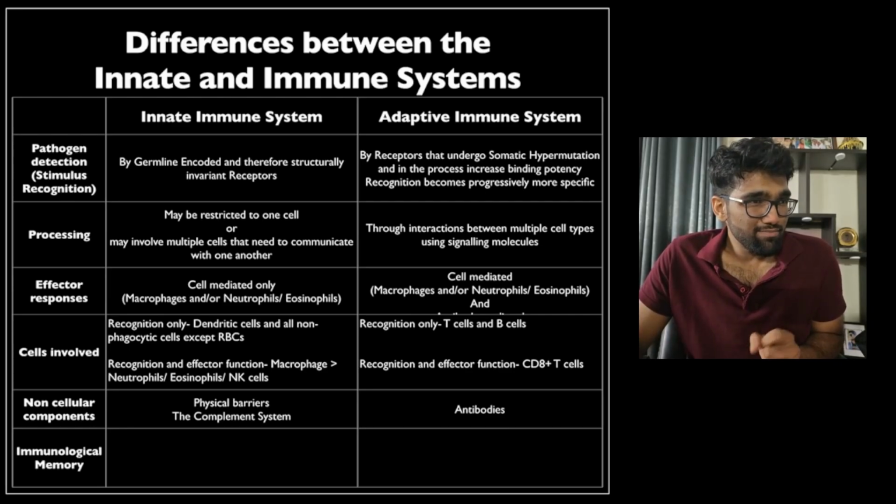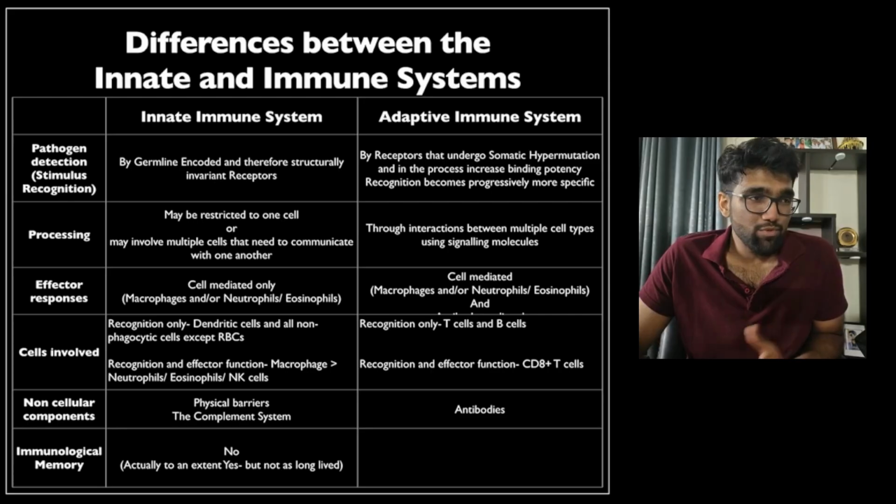Now, there is a thing called immunological memory, as in once a host or a human has been exposed to a particular pathogen, their immune systems can remember that particular pathogen. Classically, it is said that the innate immune system does not show memory, but that is not strictly true. We'll talk about innate immune memory later.